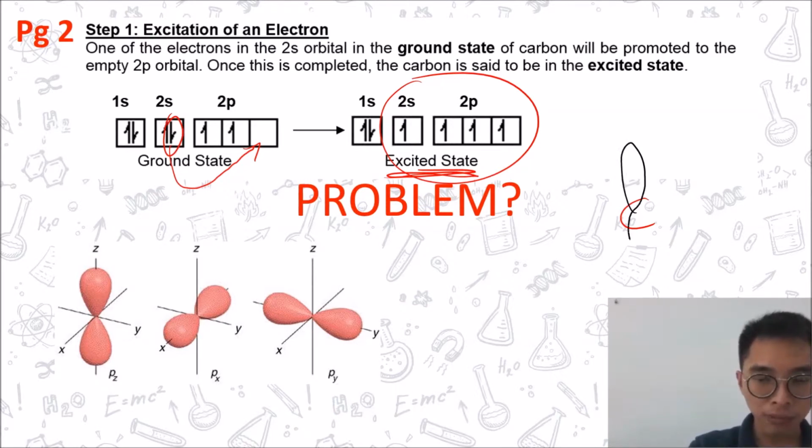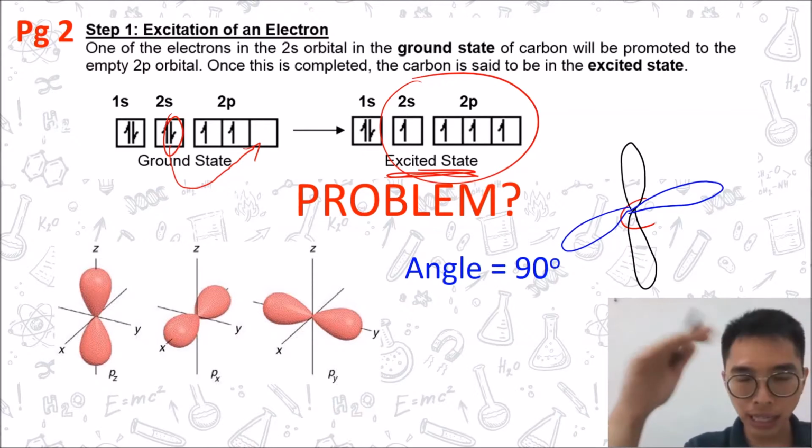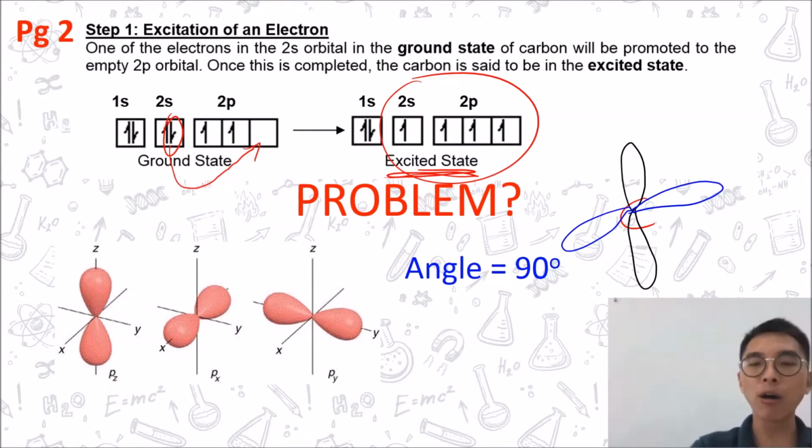Let's say I have one p orbital here, and another p orbital that is 90 degrees to it. The p orbitals are all aligned along the axes, which are all 90 degrees away from each other. And let's say this is my third orbital, which is 90 degrees as well. In each of these orbitals, there is 1 unpaired electron.